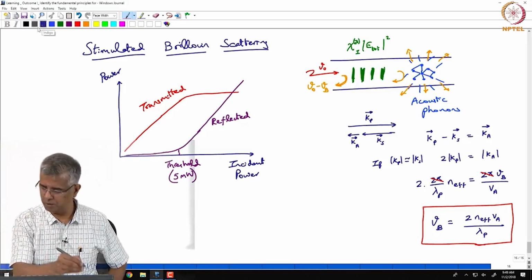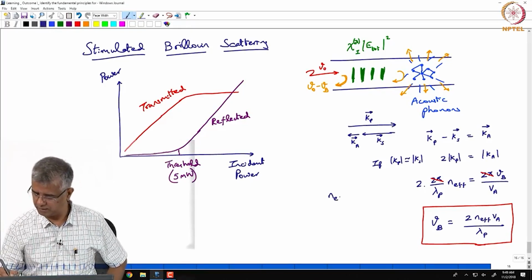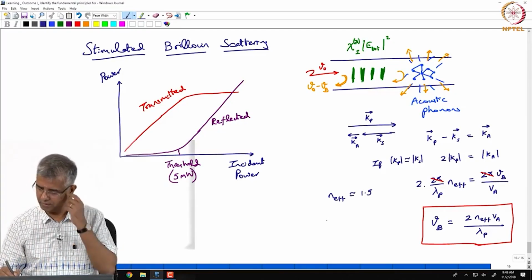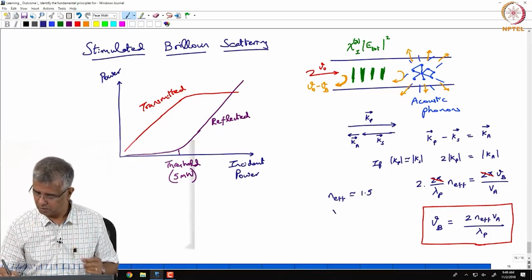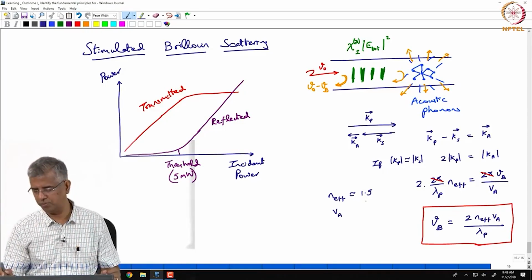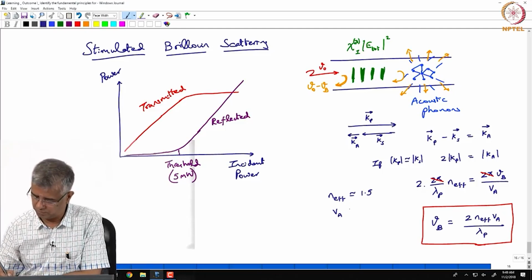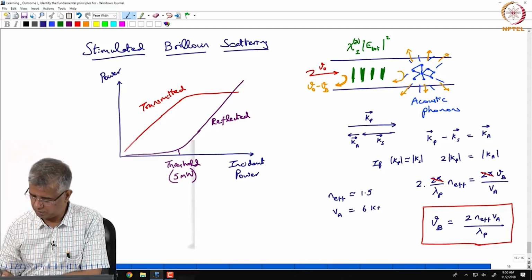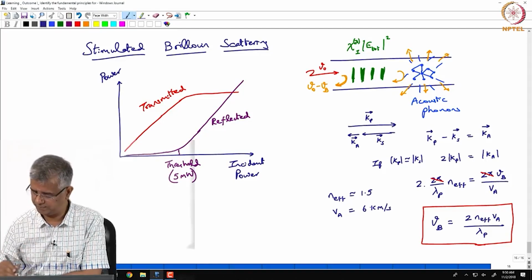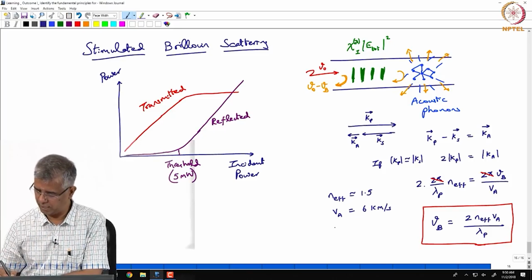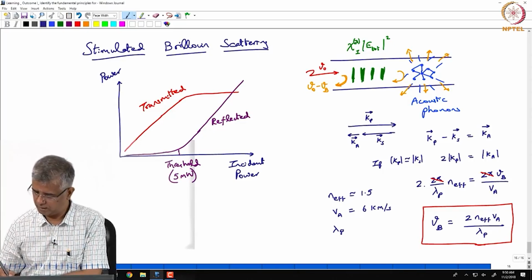If we put some numbers to this, n effective, let us say, is approximately 1.5, and Va is the velocity of sound in fused silica, which is about 6 kilometers per second, and lambda p, let us consider that to be 1.5 microns.